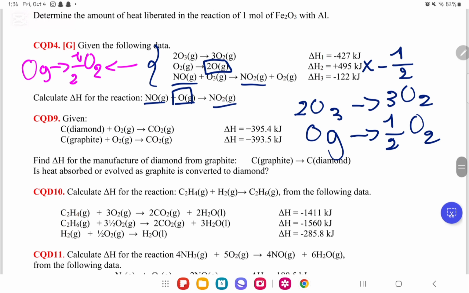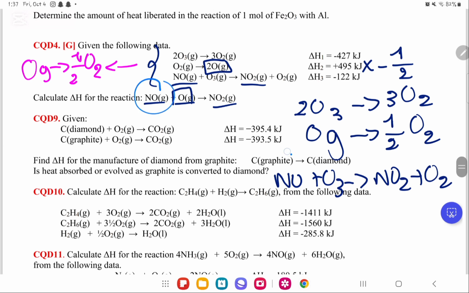Then we have NO gas plus O3 gas gives us NO2 gas plus O2, okay? Now, please pay attention. We need to circle the things that we need. We need the NO, we need the O gas, and we need the NO2. So everything else we need to find a way to remove.